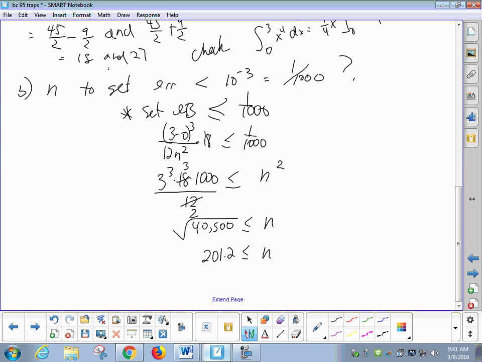So yeah, you need to actually round. No matter how much above it is, you need to round all the way up to the next number. And so you would need at least 202 trapezoids. 201 just wouldn't get it done. The error would be too much. Follow? Follow. All right, right on.